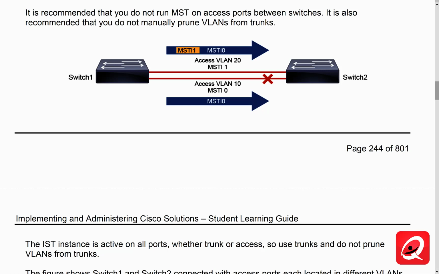So again, the solution in this case is to avoid mapping VLANs to the IST instance, and then make sure that every VLAN belongs to a custom MST instance that we create, even VLAN 1. So you might, for example, create instance number 1 and instance number 2. You would assign your active VLANs to instance 1 and instance 2. Maybe you create instance number 3 and you assign all the other VLANs that might be used in the future to instance 3 so that they're not assigned to the IST instance, that initial spanning tree instance.